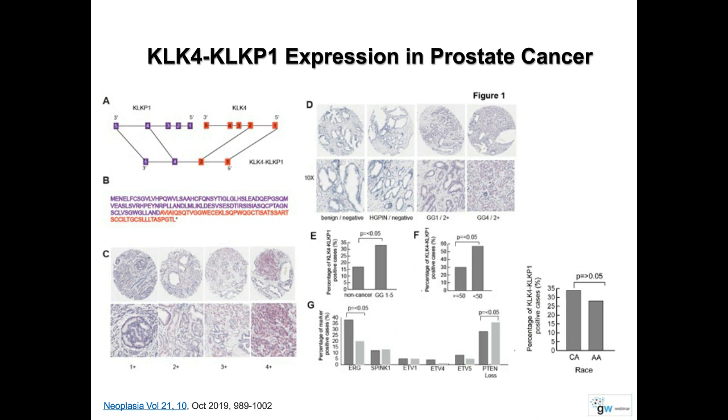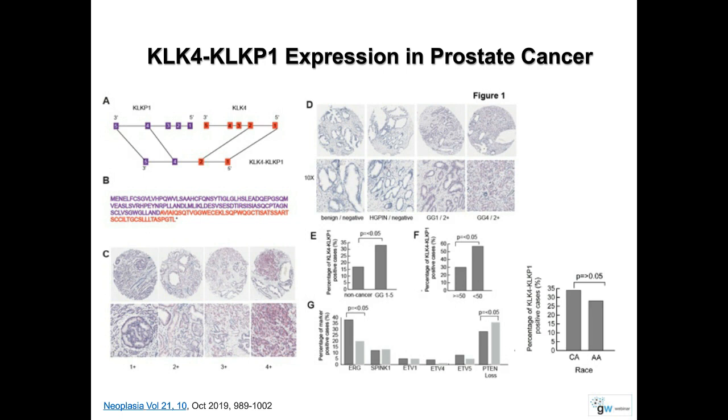Using this RNAscope probe, we were able to screen more than about 650 samples on a tissue microarray, and we clearly show that the expression is only in the prostate cancer tissue, as I show in D on figure 1. There is no expression in benign tissue on the left two panels, and the right two panels are the cancer tissue where you see expression.